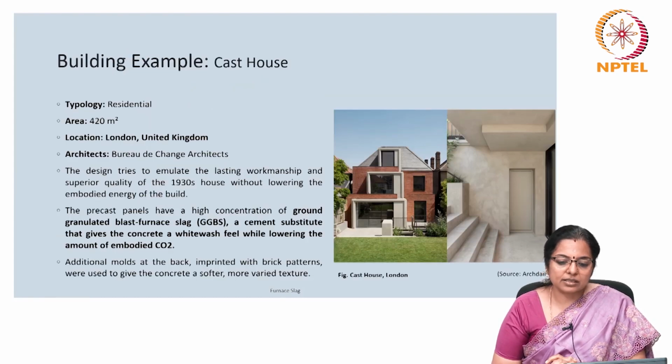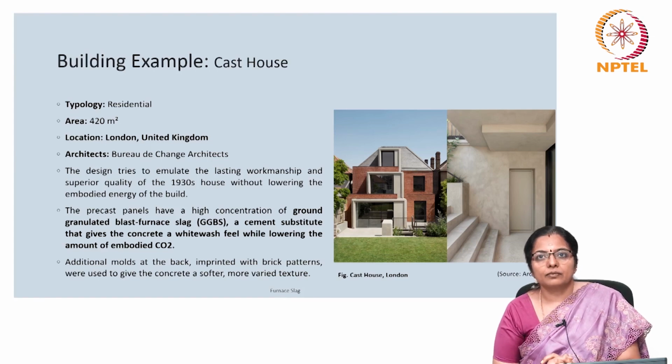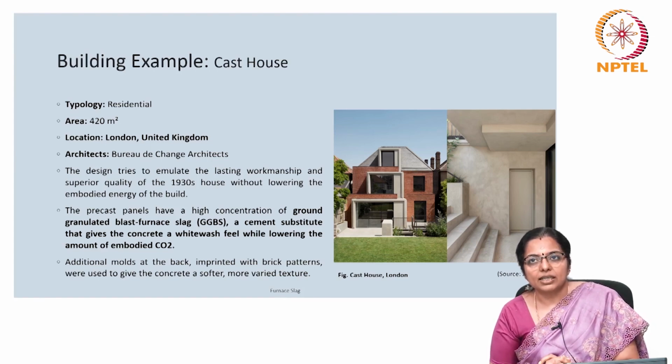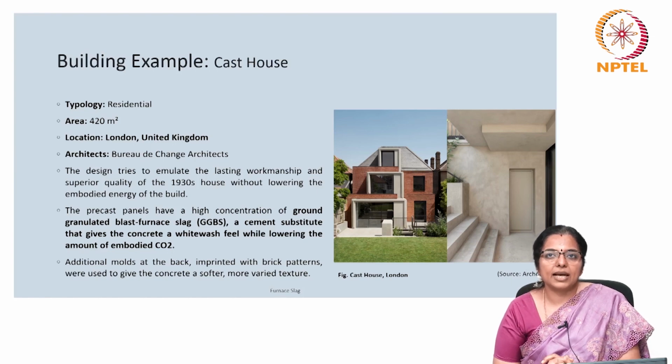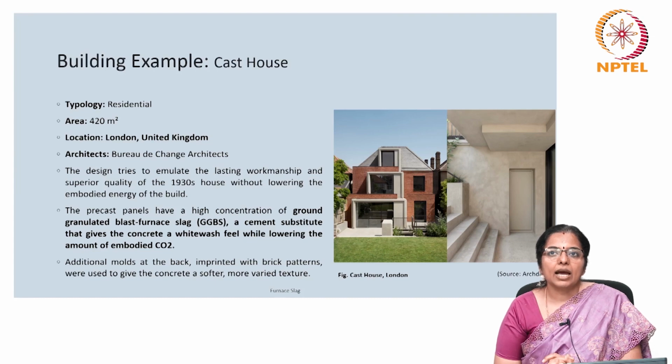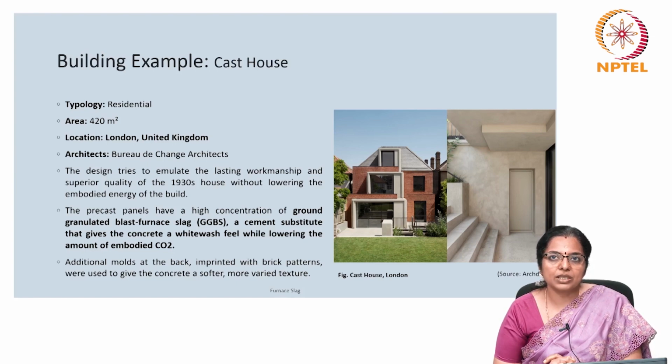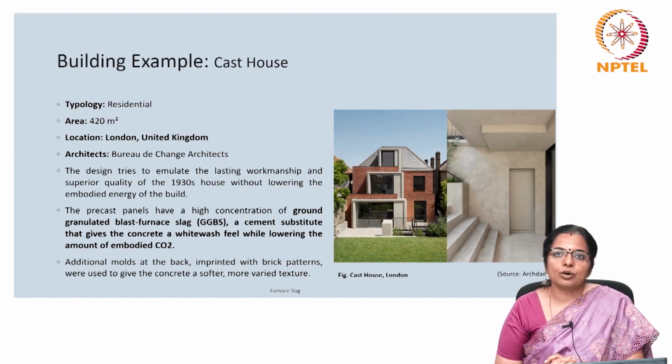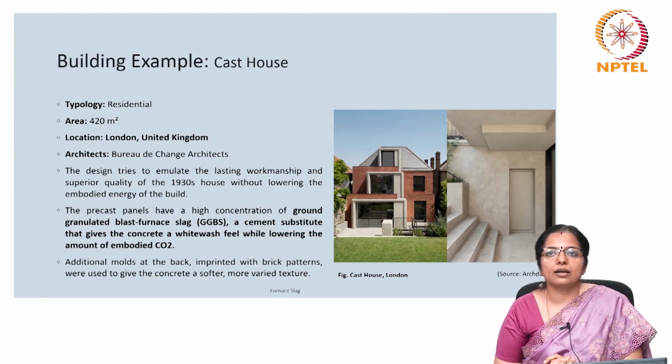Here we look at a case study called Cast House. The Bureau de Change architects designed office space spans about 420 square meters in London, and it is a testament to a harmonious blend of architectural homage and environmental consciousness. The architects sought to emulate the enduring craftsmanship and superior quality of the 1930s houses, preserving a timeless aesthetic while prioritizing sustainability.